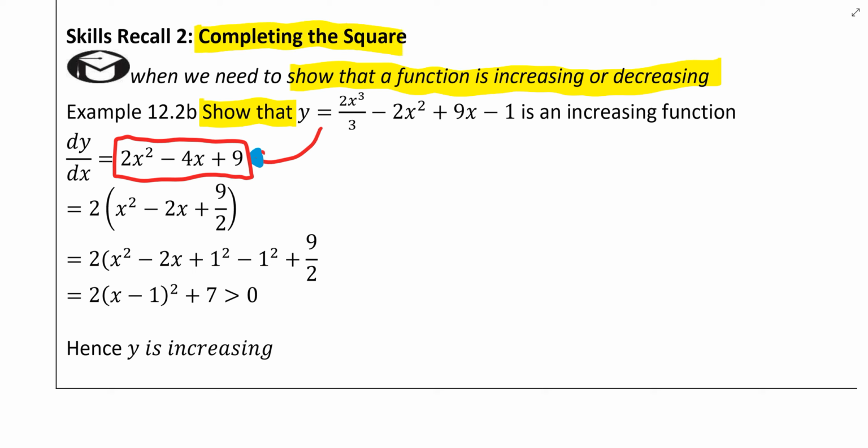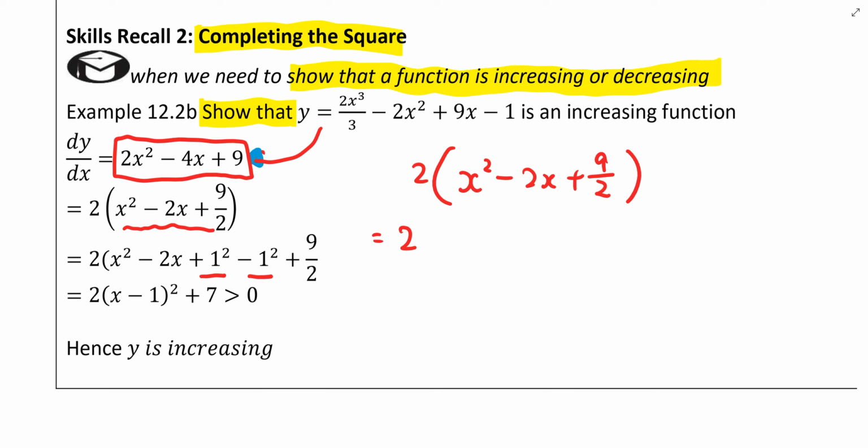Take out the 2, make sure your quadratic function is x squared only, plus 1 squared minus 1 squared. Where does this come from? Remember, you're completing the square. x squared minus 2x plus 9/2 with a 2 on the outside. We always need to add the half of the coefficient of x squared, and then we minus away because this does not exist in the first place.